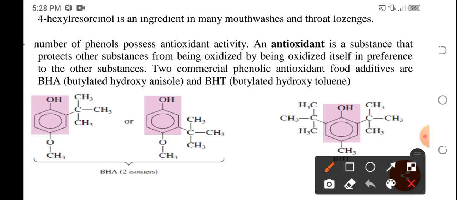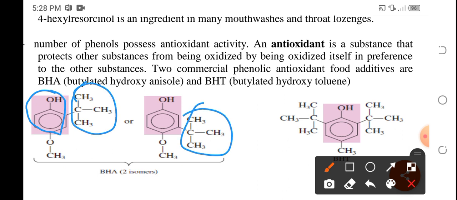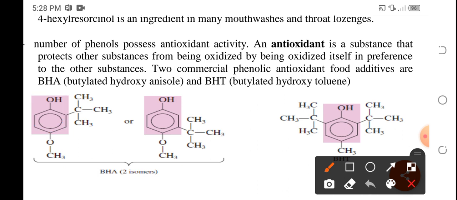So BHA is butylated hydroxyanisole. It has a hydroxy part. This is the butyl group, particularly tertiary butyl. And this is the hydroxy, and this is the anisole part.